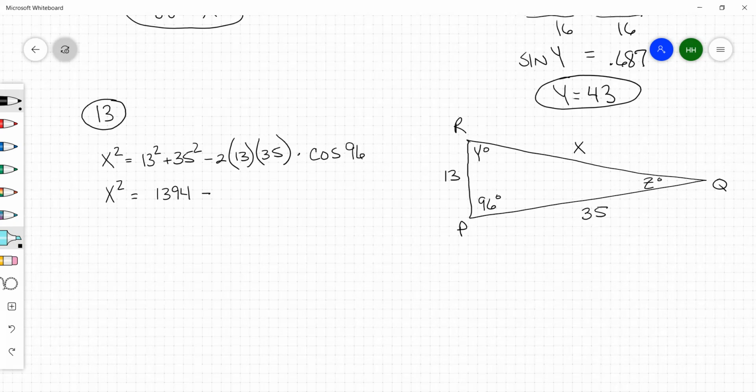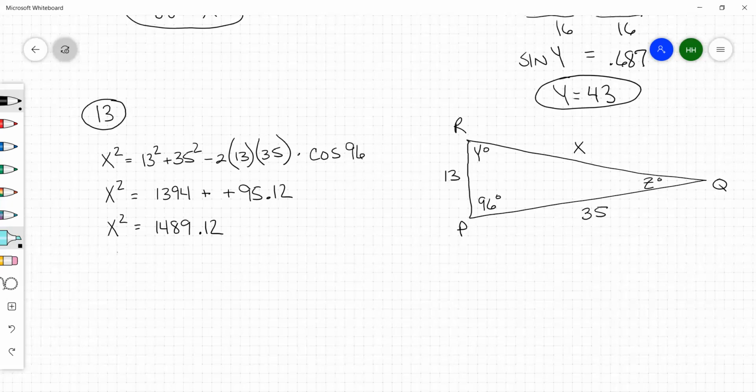Anybody get negative 95.12? Negative 95.12. All right, so we're subtracting a negative, we're going to add. So our X squared equals 1394 plus 95.12, 1489.12. And then square root button.